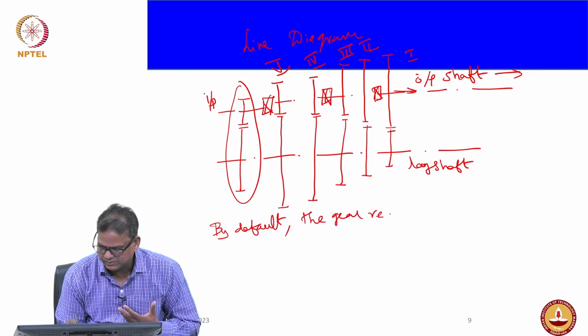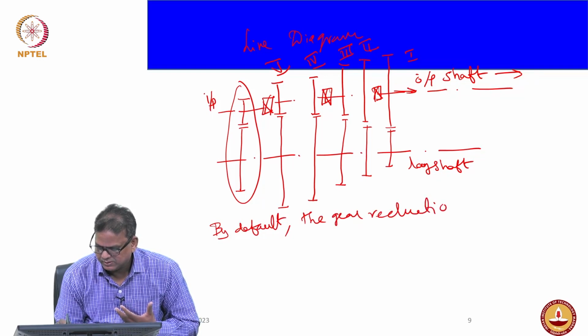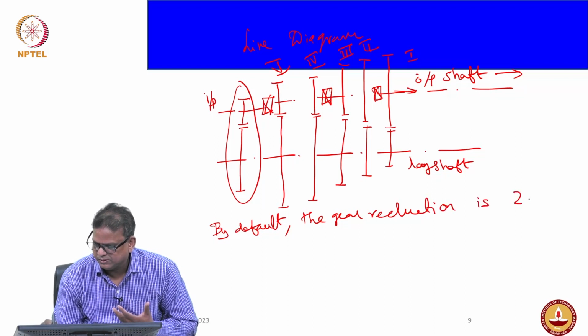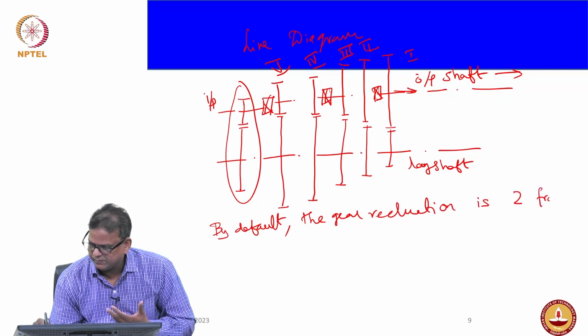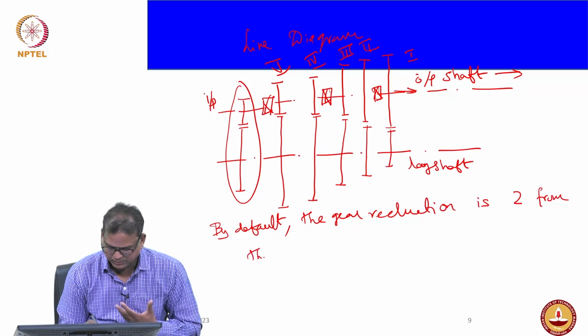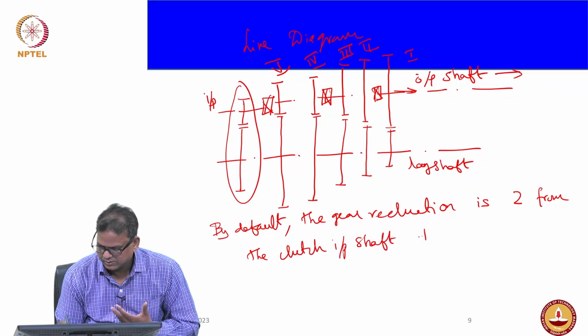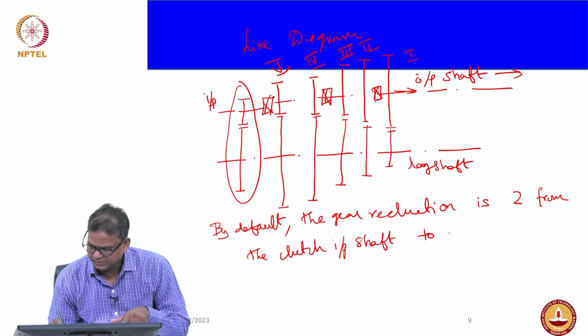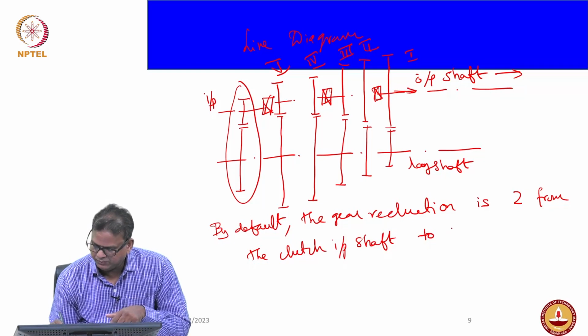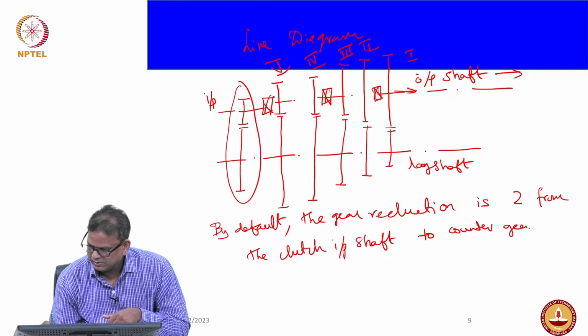The gear reduction is 2 from the clutch input shaft to the counter gear on the layshaft.